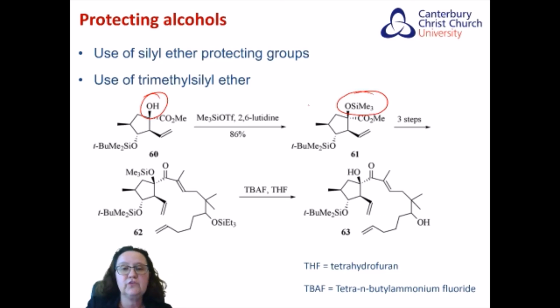You do a series of steps to aim for the target compound, and when you are ready to recuperate the hydroxyl group, you use again an ammonium salt in THF and liberate the original hydroxyl. The rest of the molecule has changed, but that hydroxyl has not interfered in any of the reactions.